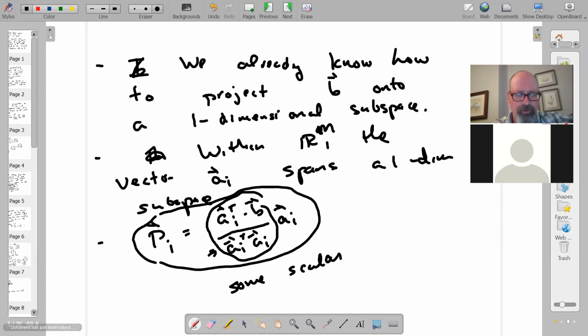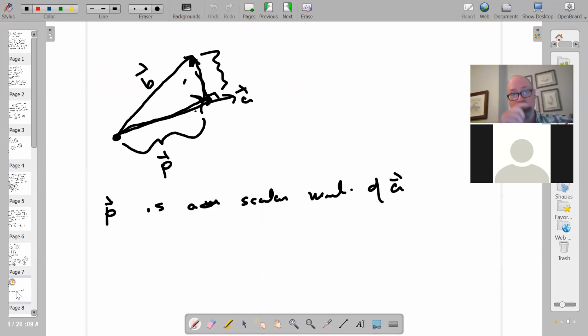The numerator is the dot product of A with B, and the denominator is the dot product of A with itself. So not only can we conceptually work out what P should be in terms of the two vectors, we can work out with the formula what it is. So in general, I'll write it down here again, relative to that picture, P is the dot product of A with B divided by the dot product of A with itself.